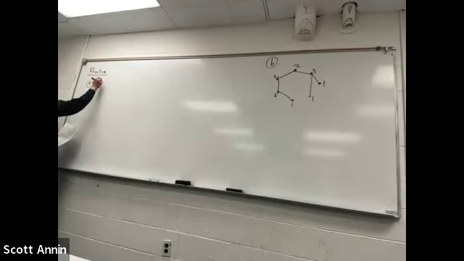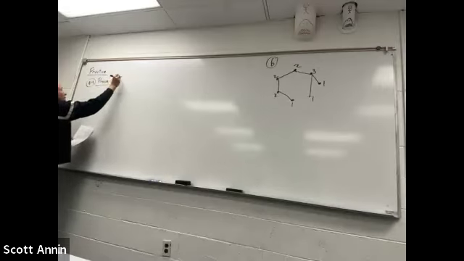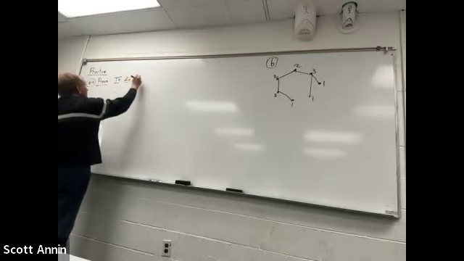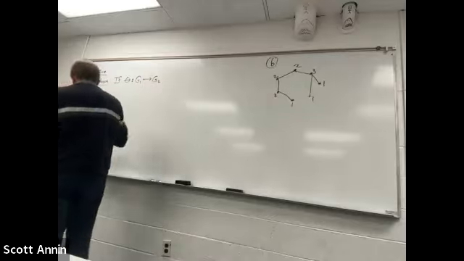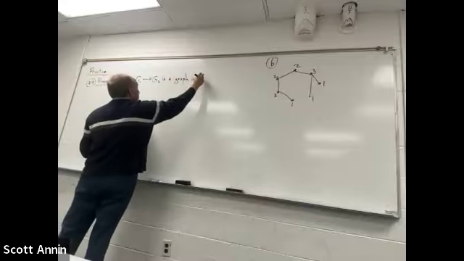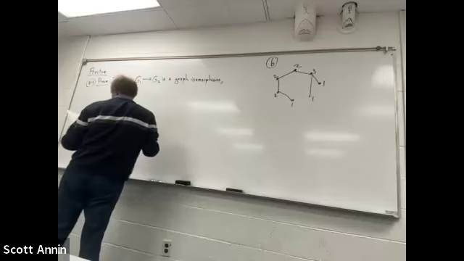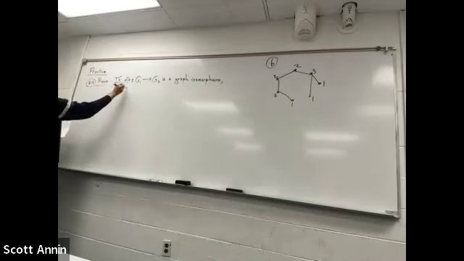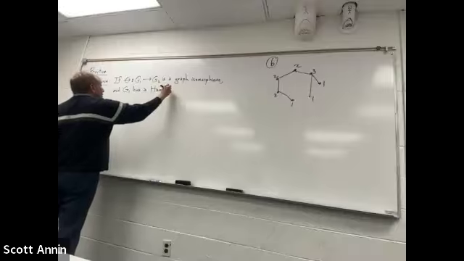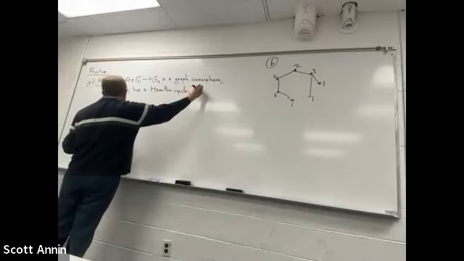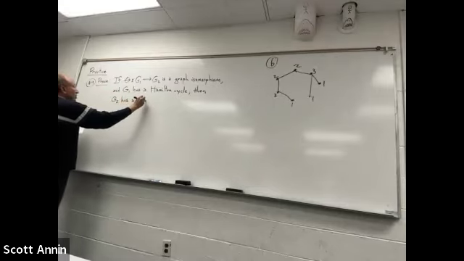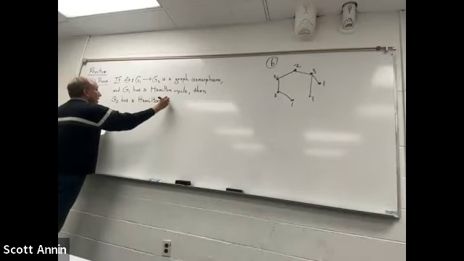So let's prove, and you should expect I'm probably going to ask you to prove something that's got a little bit of meat to it. If we have an isomorphism theta from G1 to G2, so this is a graph isomorphism, and G1 has a Hamilton cycle, then G2 has a Hamilton cycle.